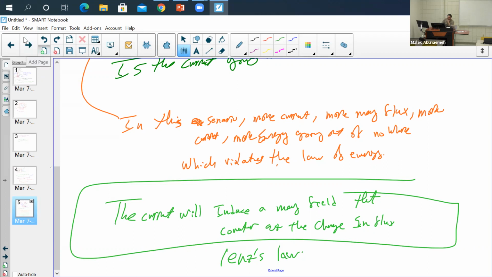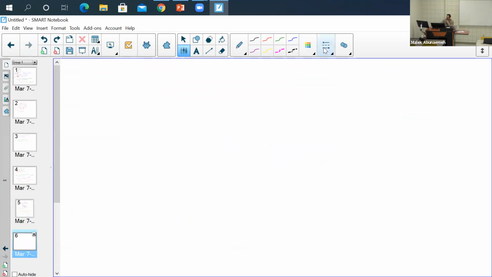So let's do an example, shall we? Let's say this is your loop of wire, and this is your loop of wire after. Let's say in this loop of wire you have a resistor of 2 ohms.